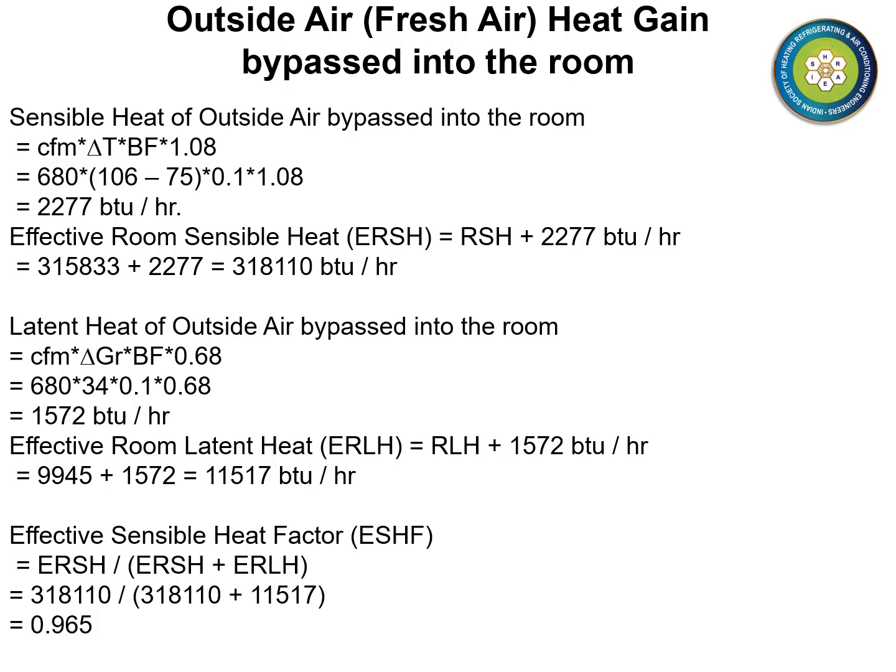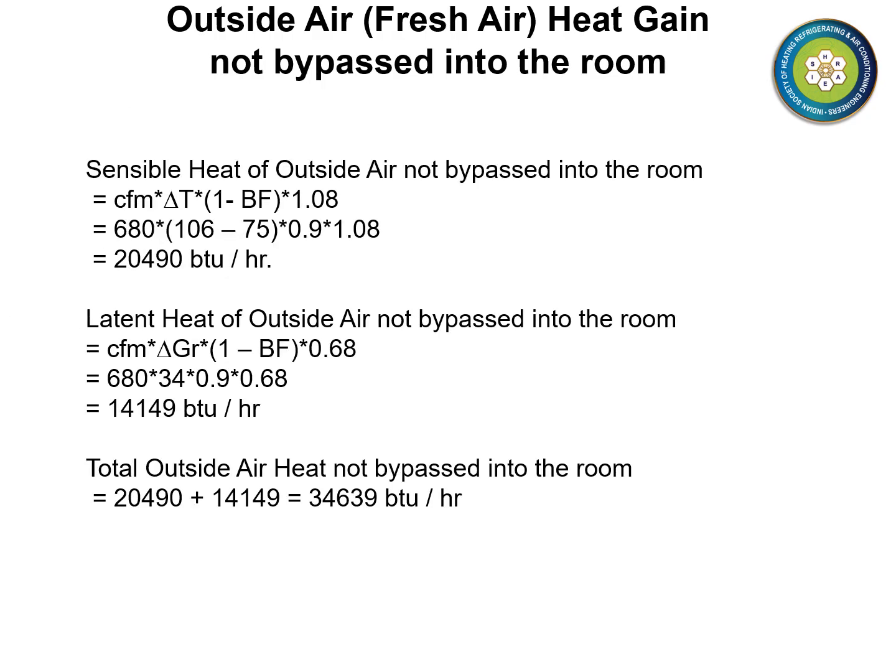The effective sensible heat factor is the ratio of effective room sensible heat to effective room total heat and works out to 0.965. We can similarly calculate the outside air heat gain not bypassed into the room.